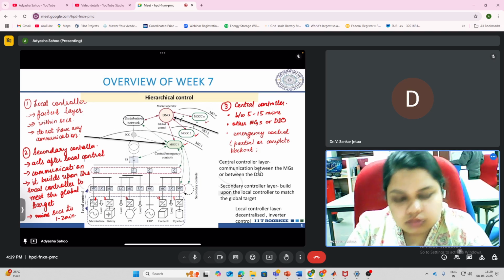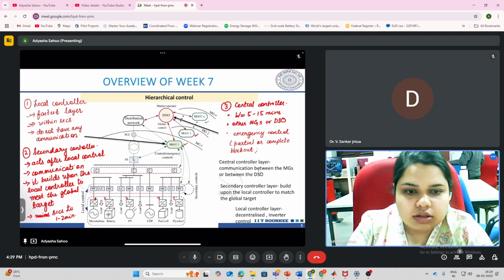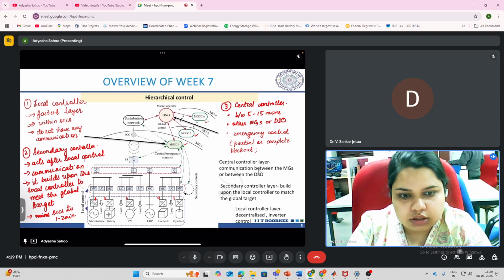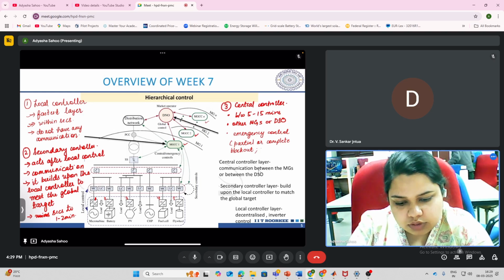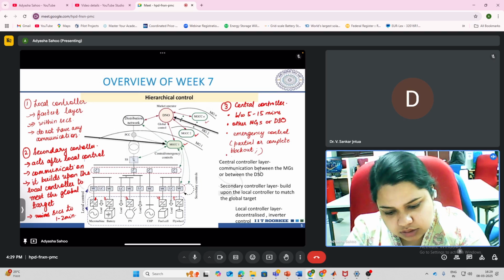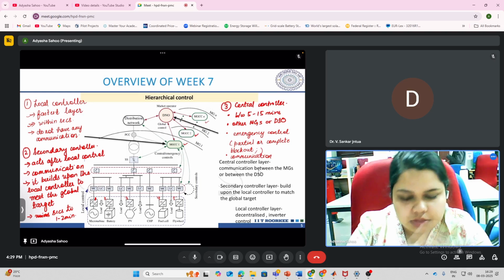Let's say it is now in grid connected mode and it has converted to islanded mode of operation. Then the emergency controller will be triggered to manage the operations within the microgrid. Similarly in case of a blackout, those actions are taken by the controller. Here also you have communication, which is required to talk with the neighboring microgrids or with the distribution system operator.